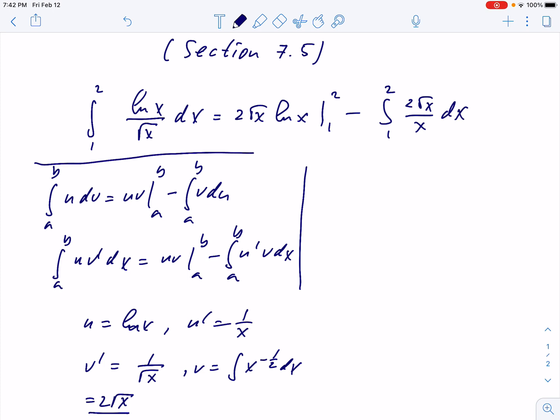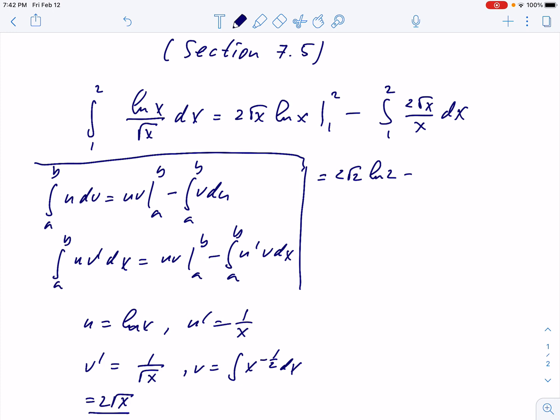Continuing with this work, let's separate this work in the box. And first, let's evaluate the middle term. When you plug in 2, you have 2 root of 2 natural log of 2. Fine. If you plug in 1, you get 0 because logarithm 1 is 0. So that's what remains from the middle term.